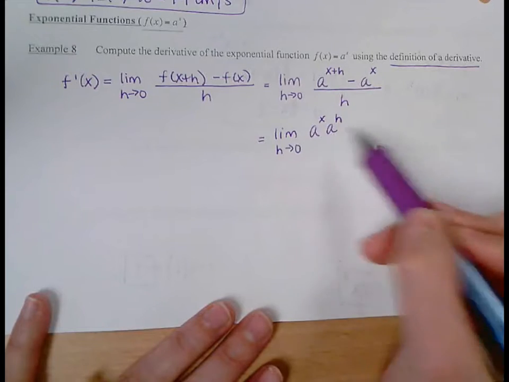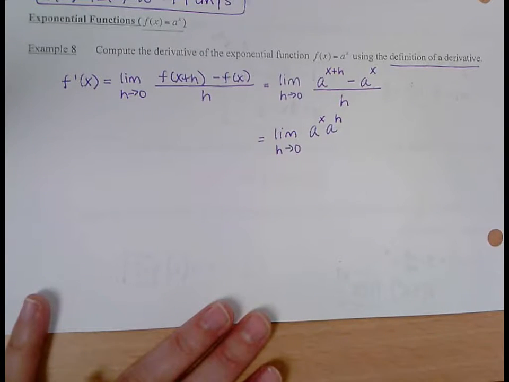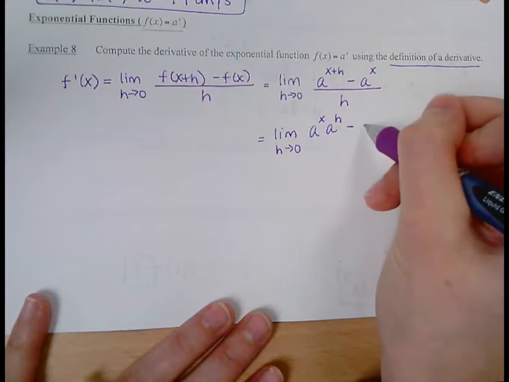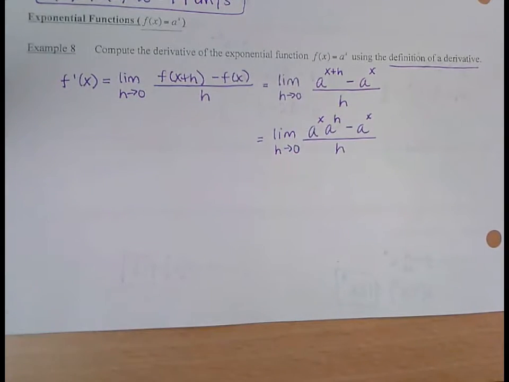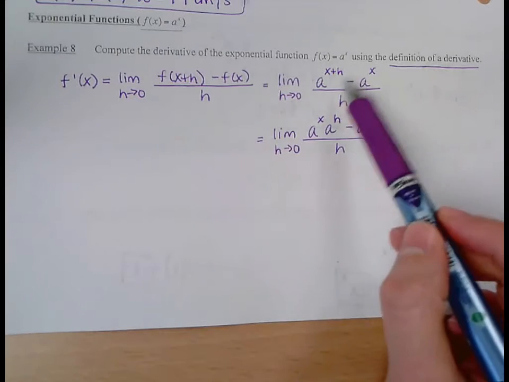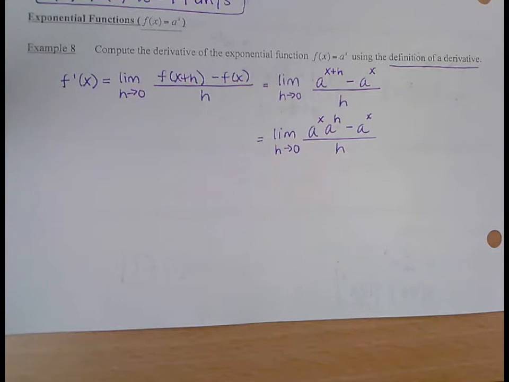So I'm kind of splitting it in the reverse of what we normally do. And then I still have minus a to the x. What? I think you did with a was 5 or something like that. Yeah, there was a problem very similar that you did in practice, yes.